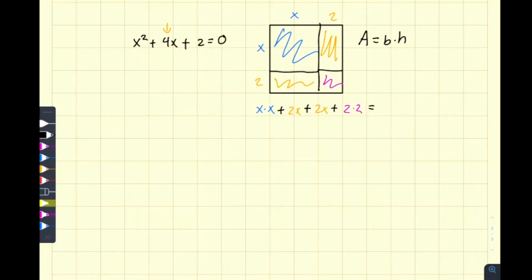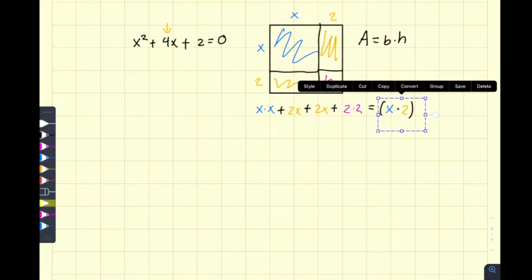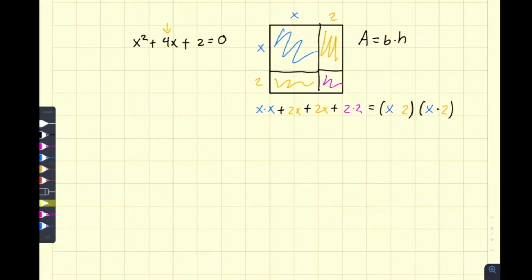And now this can equal this added together times this added together. So this would be x plus 2, times x plus 2.